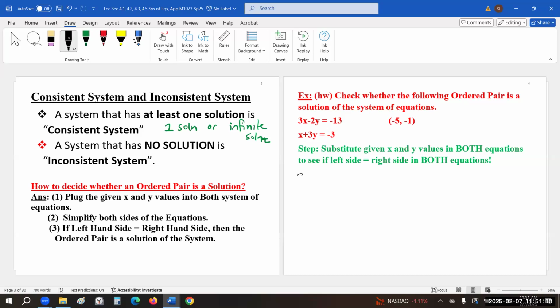So the first line is 3x minus 2y equals negative 13. Our second line is x plus 3y equals negative 3. When you substitute this, we get x is negative 5. So 3 times negative 5 minus 2 times negative 1.